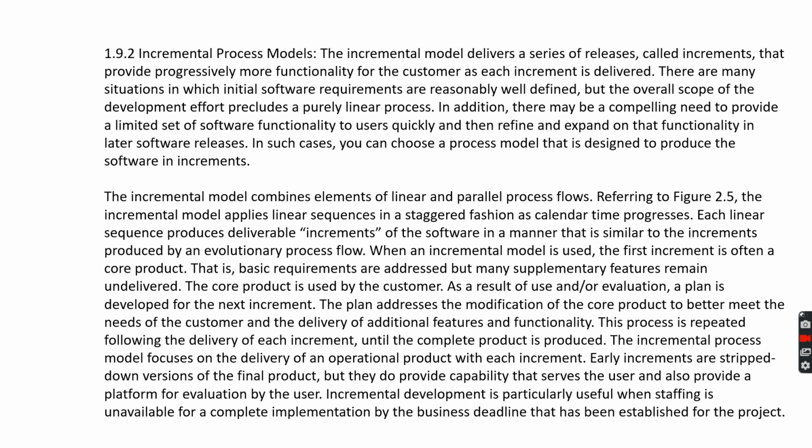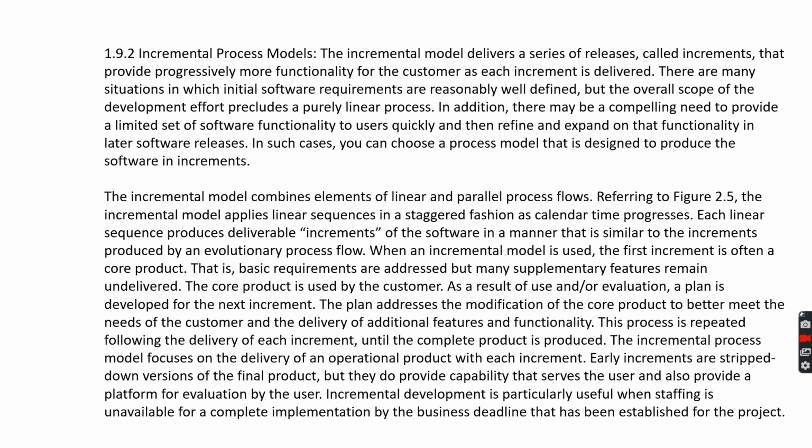In addition, there may be a compelling need to provide a limited set of software functionality to users quickly and then refine and expand on that functionality in later software releases. In such cases, you can choose a process model that is designed to produce software in increments.